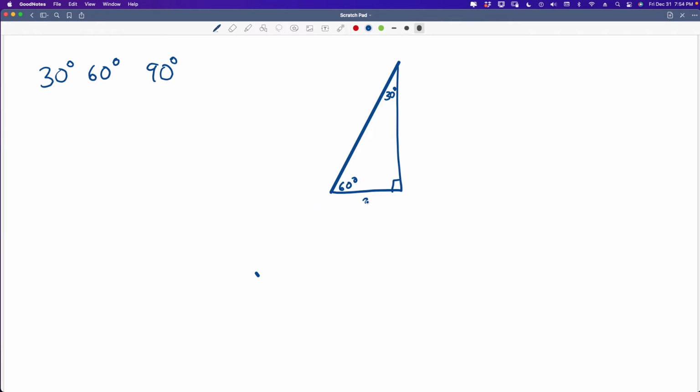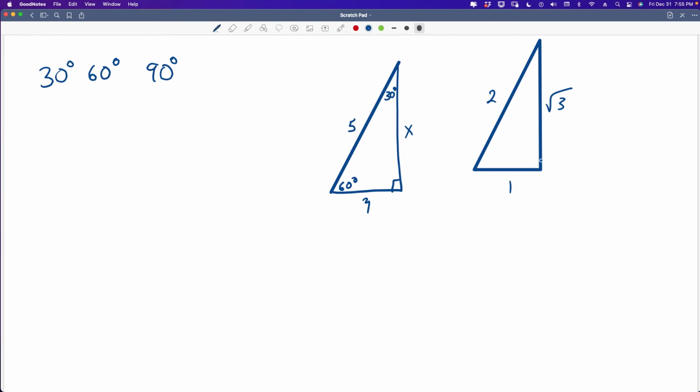This is y, this is x, and this is 5. Okay, so we know the similar triangle is going to be this, right? I can't draw it very well because I'm not the best artist in the world. That's a little bit closer to what we want. So we know this is 2, this is 1, and this is the square root of 3.